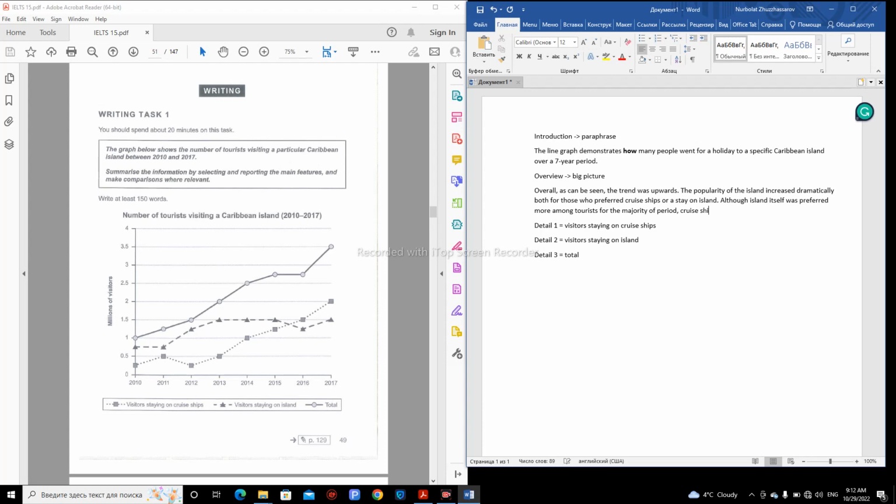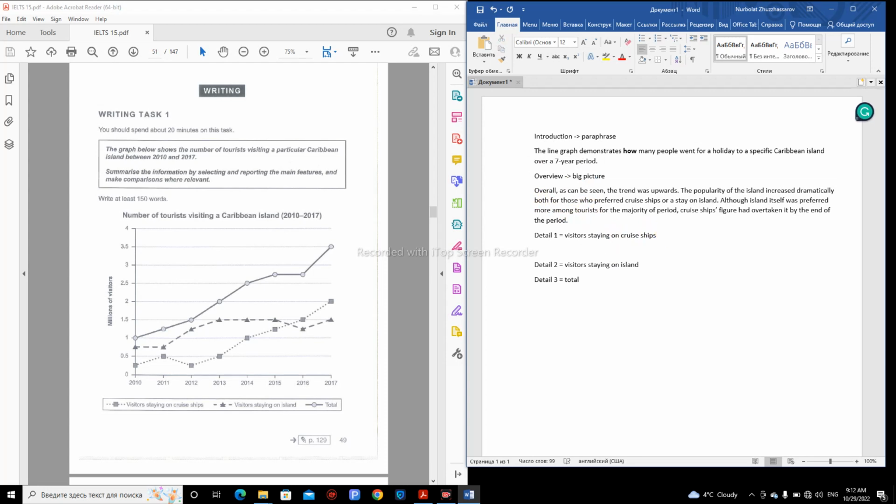Cruise ships figure overtook it, or no, had overtaken it by the end of the period. So that's our overview, and I think we talked about the really important stuff here.